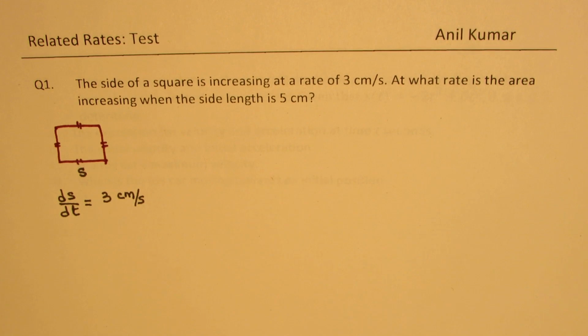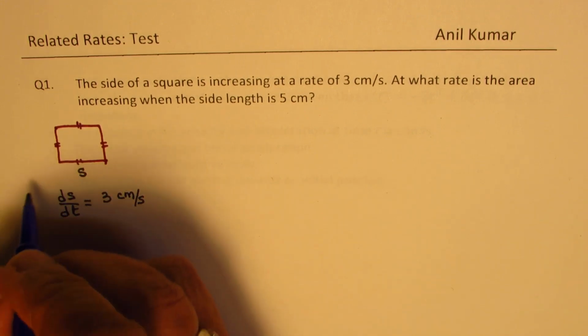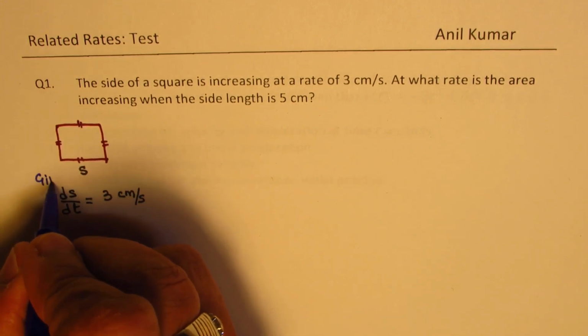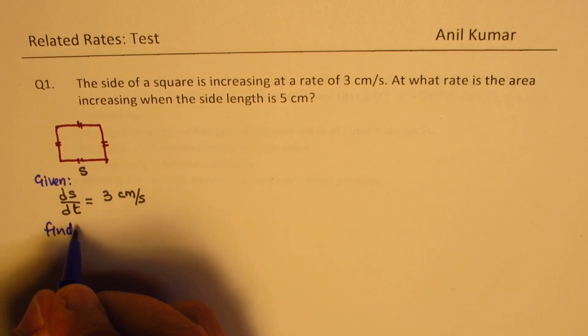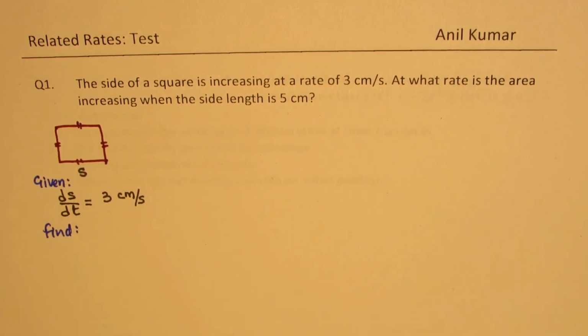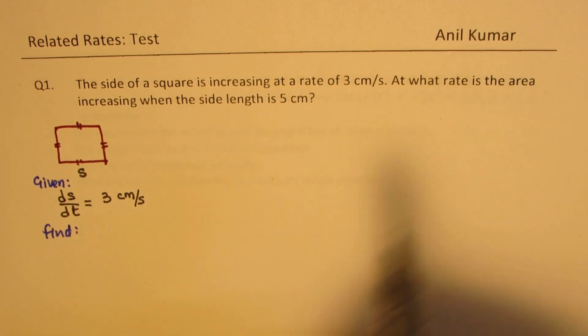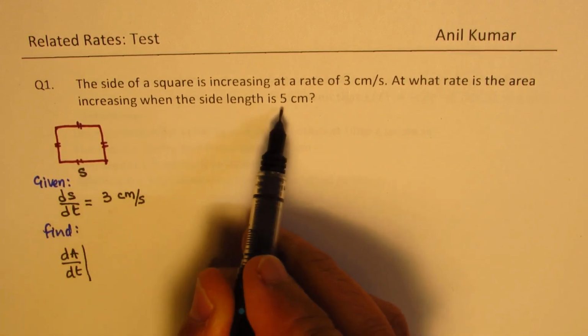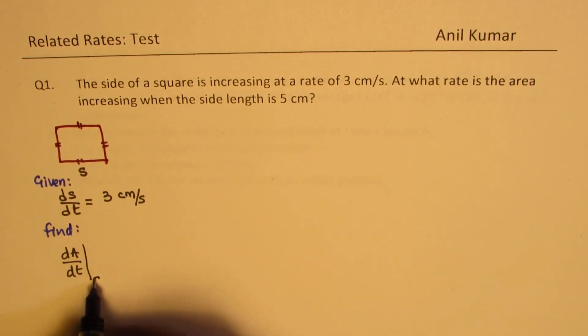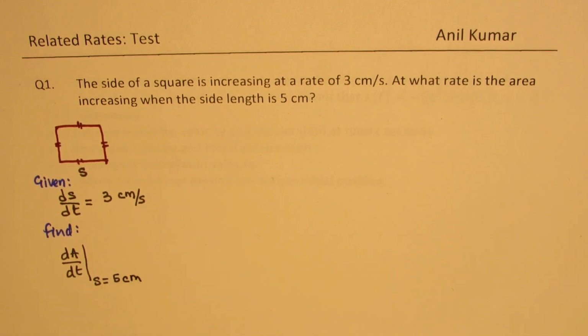So let me write down given and then find. And what do we need to find? We need to find the rate of increase in area, so that is dA/dt when side length is 5 centimeters, when s equals 5 centimeters. Correct.